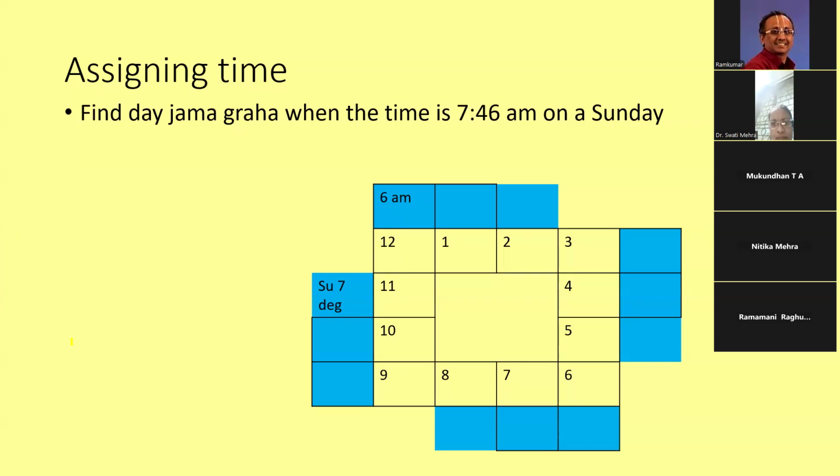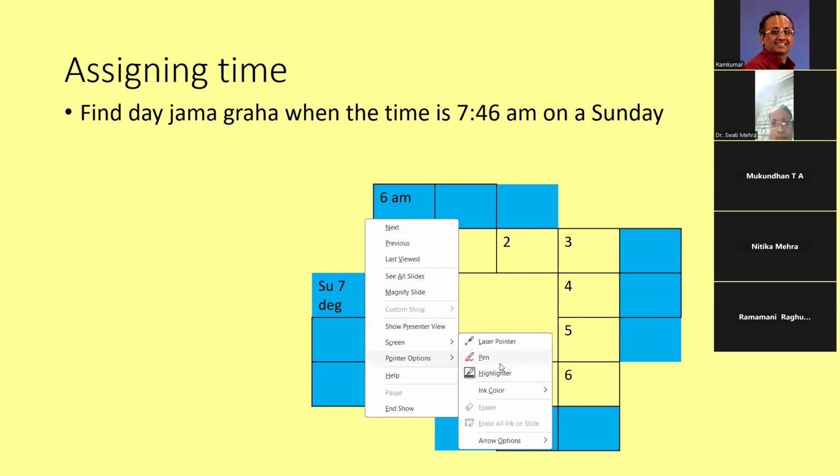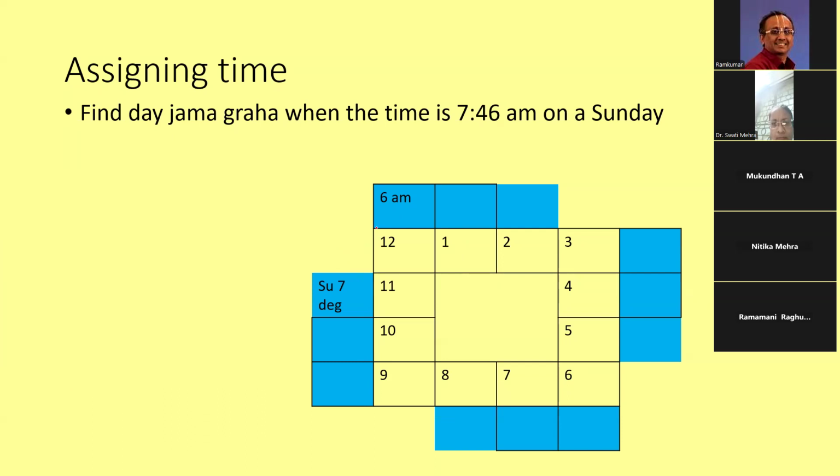You got it on a Sunday, so we start. See, always, Sunday means the Graha will be Sun. Always at 6 a.m. you will start at Meena. 6 to 7 will be Meena. 7 to 8 will be Kumbha.